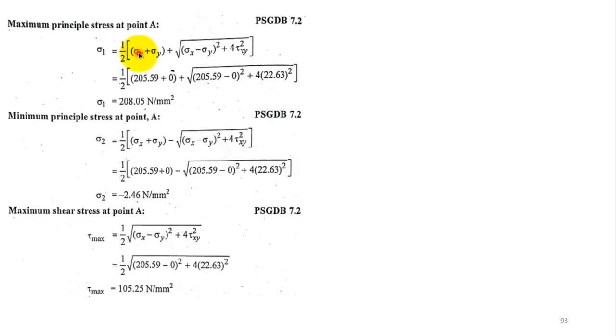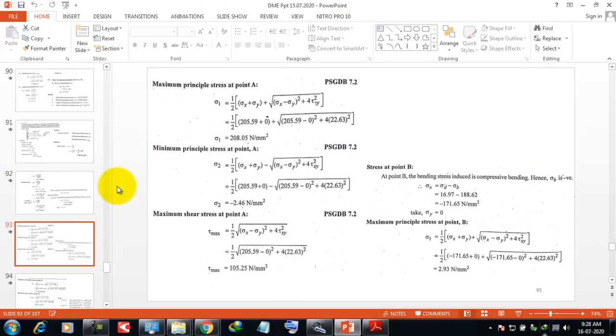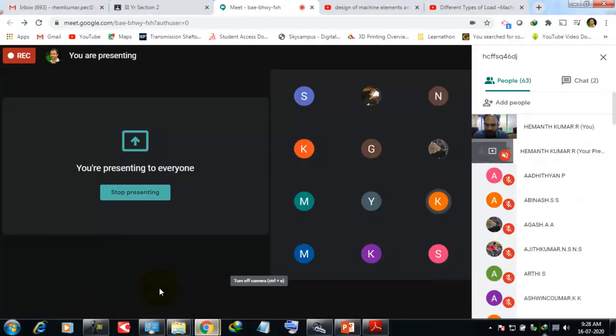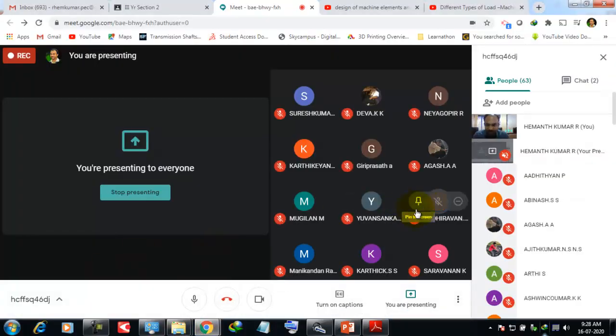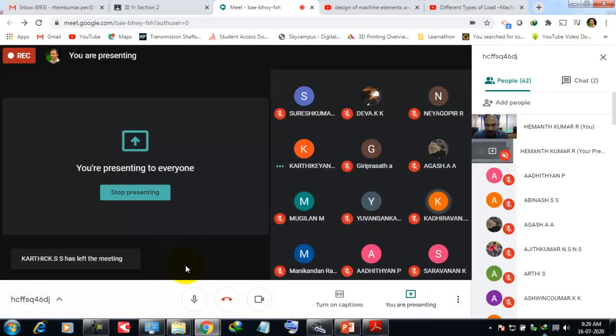Why do we need to calculate the maximum principal stresses and maximum shear stress value at any point? Can anybody explain why we need to calculate the value of the principal stress? To reduce the failure, sir.